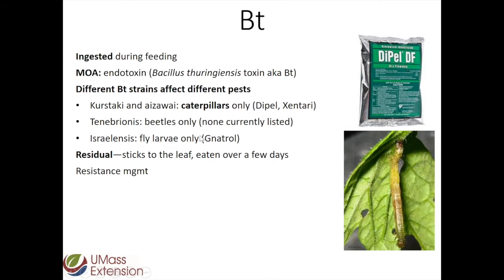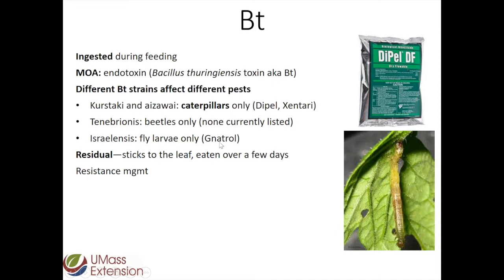There are other strains that affect, say, beetles or fly larvae, but currently there's no OMRI listed version of this Tenebrionis beetle material. Some of you might remember that briefly there was, like 2 years ago, but it got pulled off the market again.